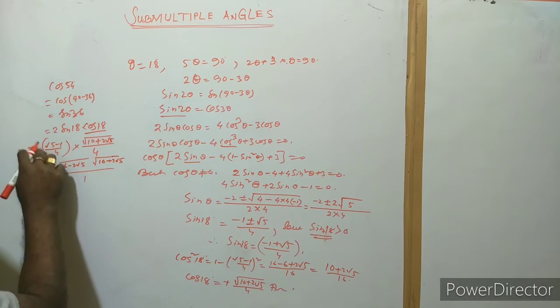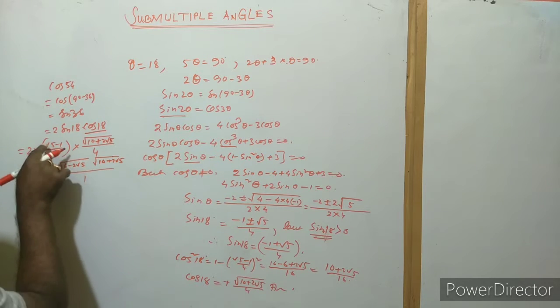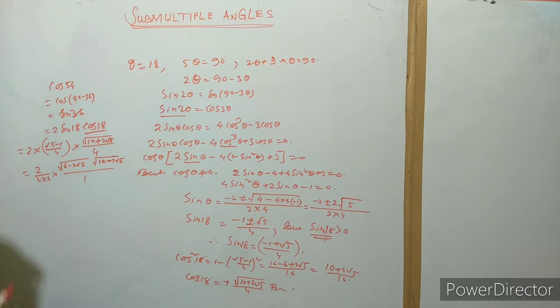If we square, we get 5 plus 1, 6, and minus 2 root 5.